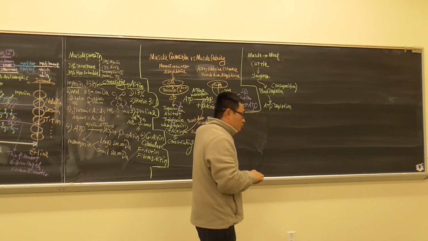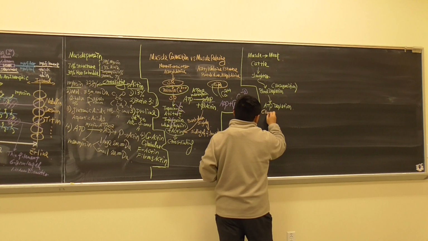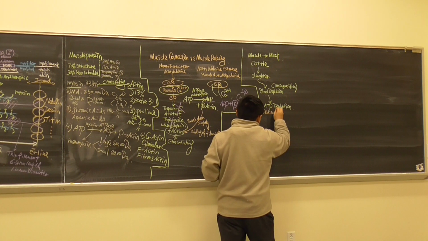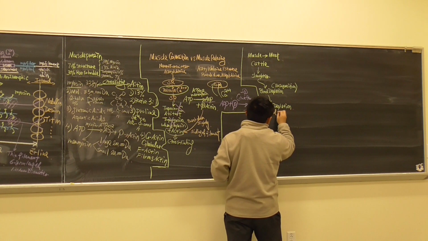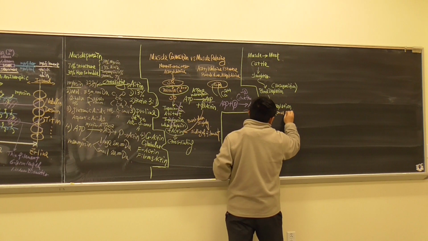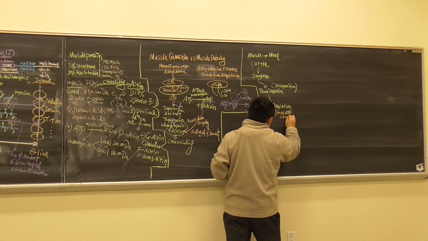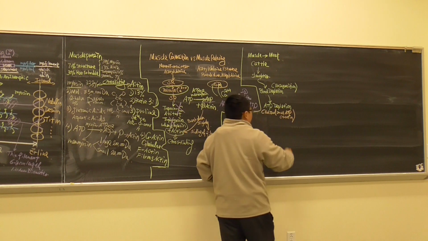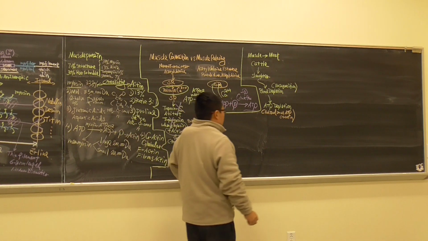But here we have to say there is a residue. There is a small amount of ATP still there, which is coming from creatine. Very small amount. Once the ATP is depleted, what happens?